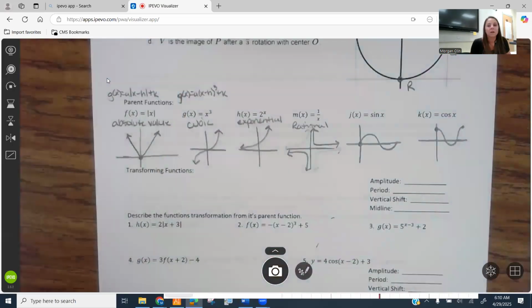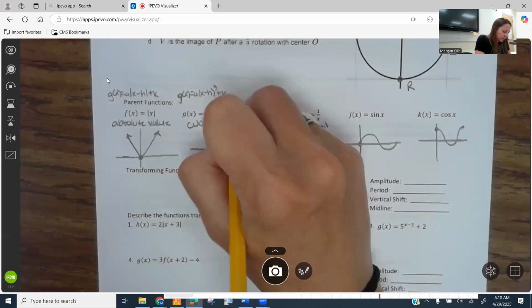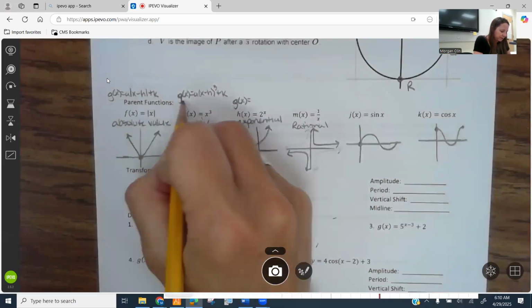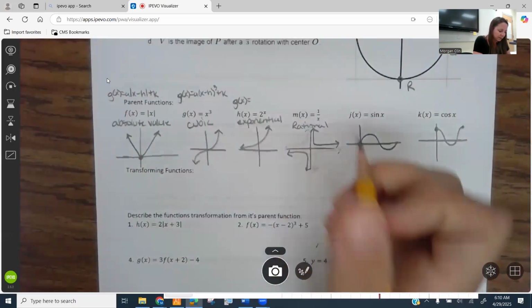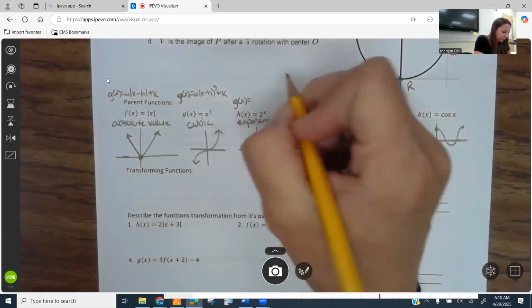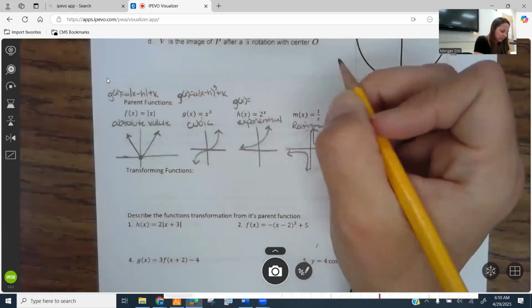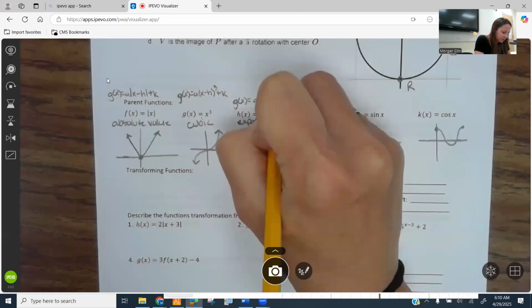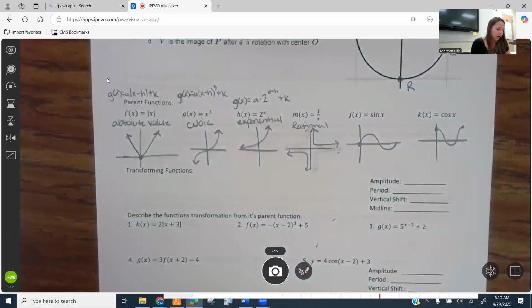You're going to see some very similar things in each one of these. And this one is a times 2 to the x minus h, and then plus k. Do you see how they all have a, h, and k in them?